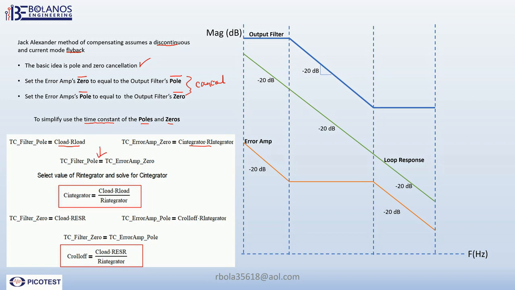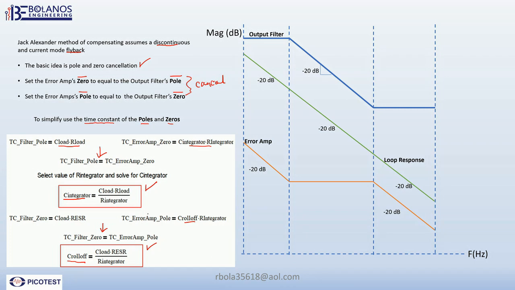If we select the integrator and solve for it, you end up with this equation. Likewise, if we set the time constant of the filter's zero equal to the time constant of the error amp's pole, we get this equation, and if we solve for the roll-off, we get that equation. So basically, you just need to solve for your integrator and your roll-off, and you're pretty much done.